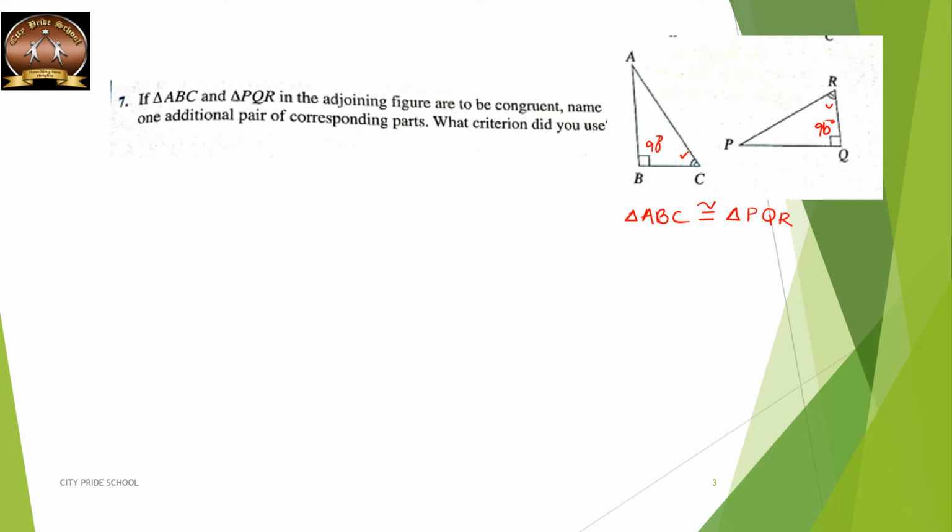So since it is given that the two triangles are congruent, I can say that side BC is equal to side RQ. That is by ASA test. So ASA congruence test.